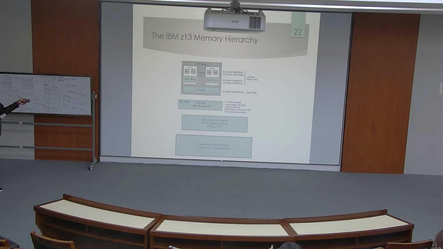We have seen here one PU chip. So these nodes will contain 3 PU chips, and we have 2 nodes per drawer, up to the 8th node. So that means we have 4 different drawers.